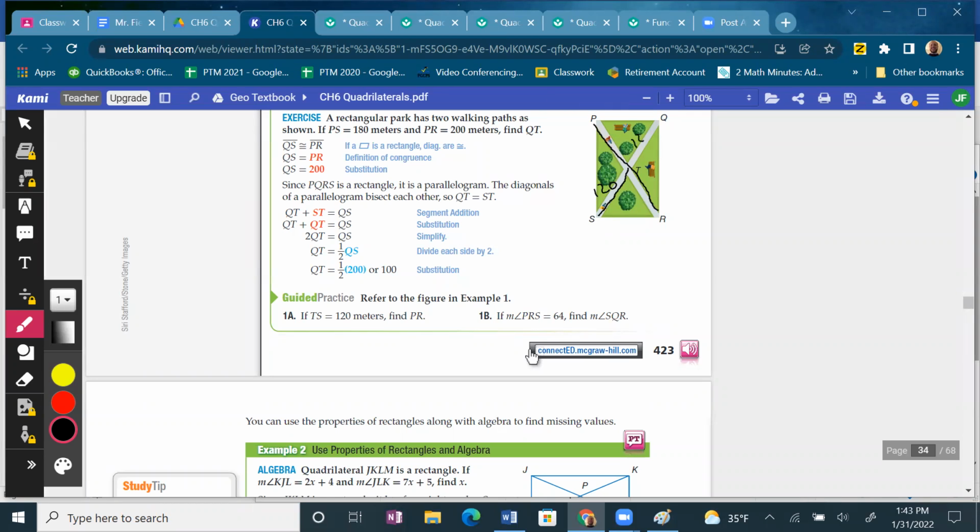So this is also 120, and this is also 120, and this is also 120. And so PR is 2 120s. So that's 240. PT plus TR.